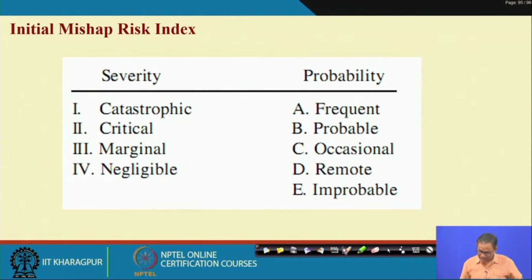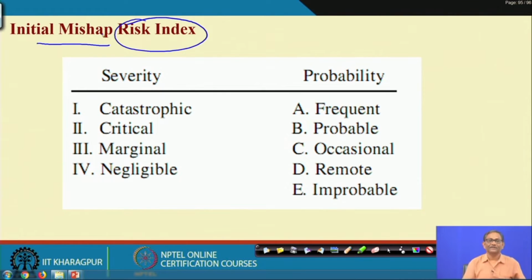So, now the issue is: how do I find out the initial mishap risk index or risk index? There are many ways to find out risk index, but here is a subjective or qualitative way of risk index calculation.